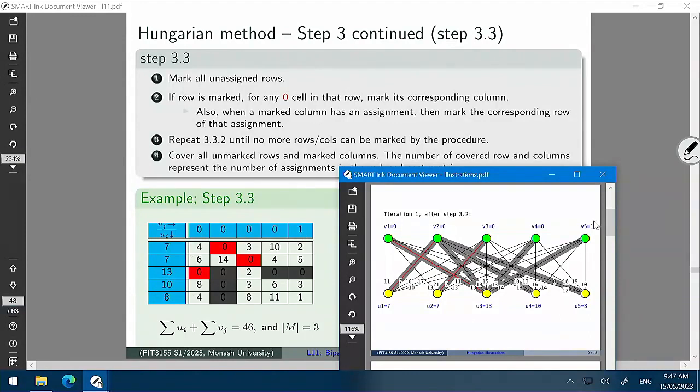The goal of 3.3 is saying that if you see the cells in the cost matrix, there are some cells that are not zeros. I want to be able to have a view of them. I want to be able to identify them in some special way. How do I identify them? Well, look at the graph view here.